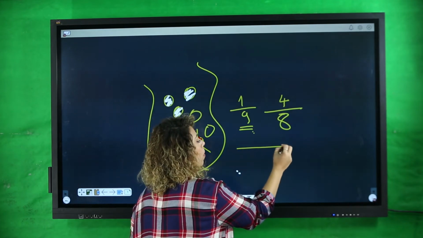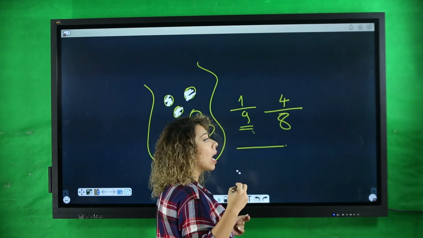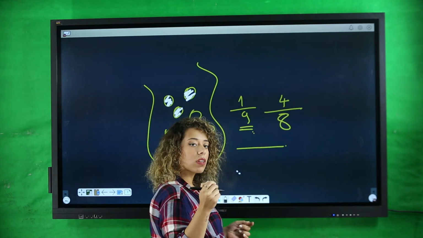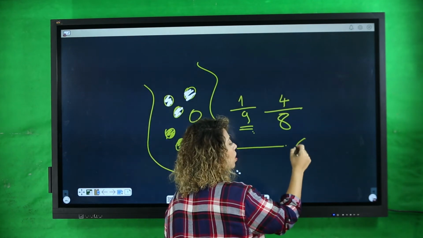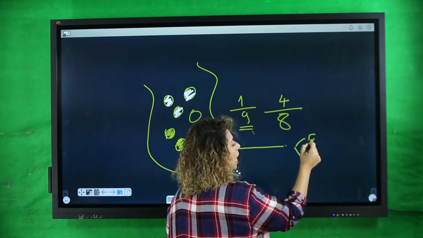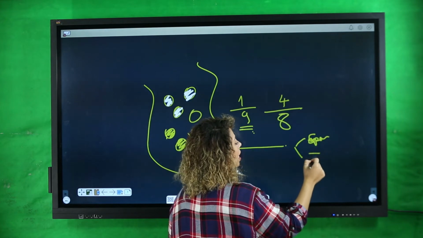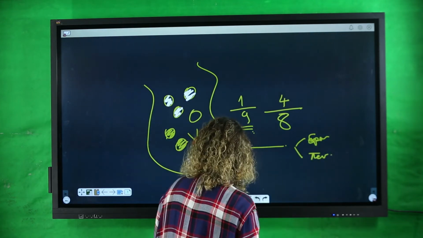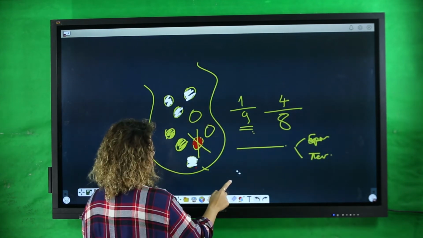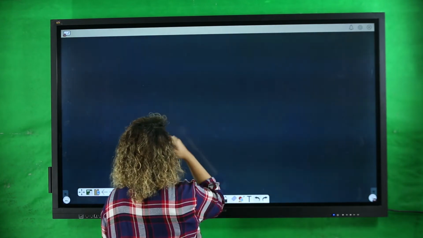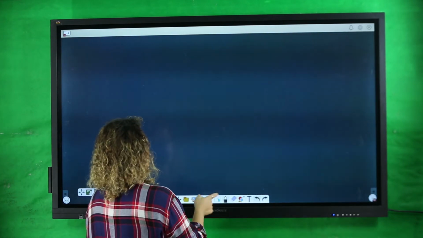So that's all about probability that you should know. The thing that we want to add about it is experimental versus theoretical probability. Experimental versus theoretical. Let's see what it means. Let's remove everything here and talk about it.